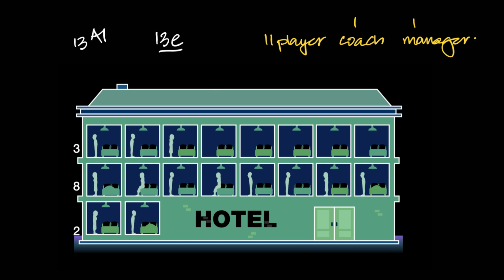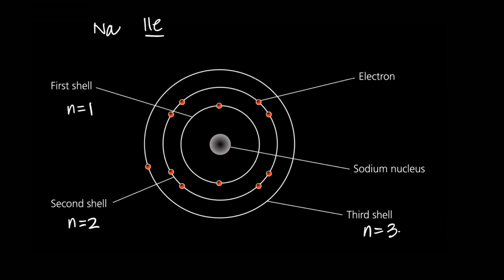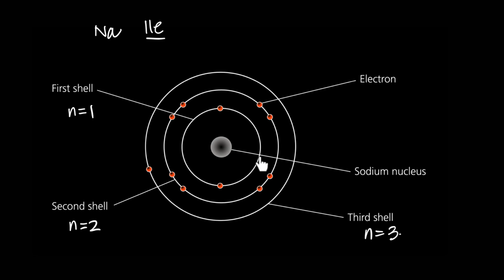And this is not much different from electrons, because for an electron to go away from the nucleus, it requires work. It prefers to be close to the nucleus, as close as possible, therefore the first shell. And we even call the first shell the lowest energy level, because, like for example in this case, sodium's case, this first shell is basically called the lowest energy level, because these 2 electrons are actually the closest to the nucleus.